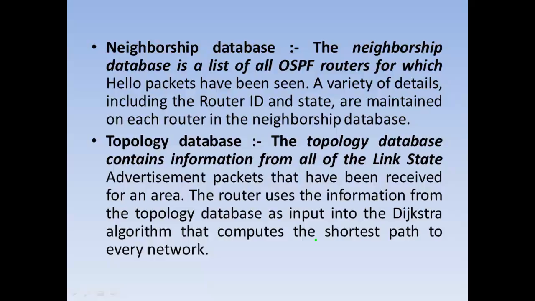Okay, so there are three databases: the neighbor database, the directly connected networks that become neighbors, and then each neighbor gives some paths to the second neighbor router. So it keeps maintaining all the databases: I have 3 paths to reach that particular network, I have 4 paths to reach that network. So it maintains all of that in its topology database. Out of that, using the Dijkstra algorithm, it chooses the shortest path to reach the particular network. So that is the topology database.